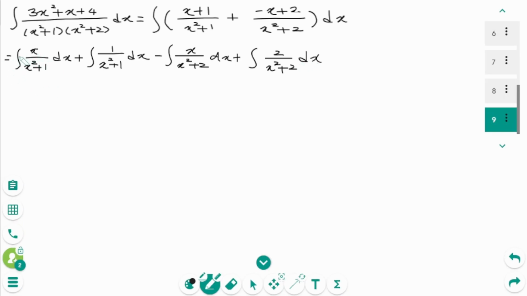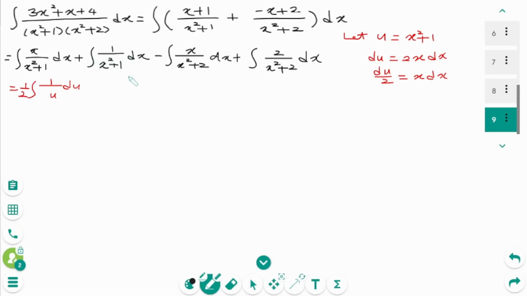For the first integral, use u substitution. Let u equal x squared plus 1, then differentiate on each side, du equals 2x dx, then divide by 2 on each side, du over 2 equals x dx, equals the integral of 1 over u, since x dx is du over 2, then 1 over 2 here.